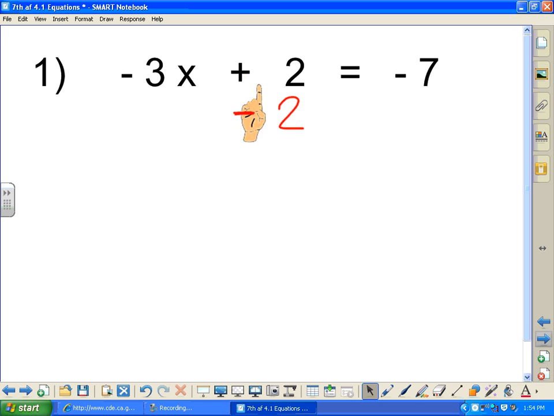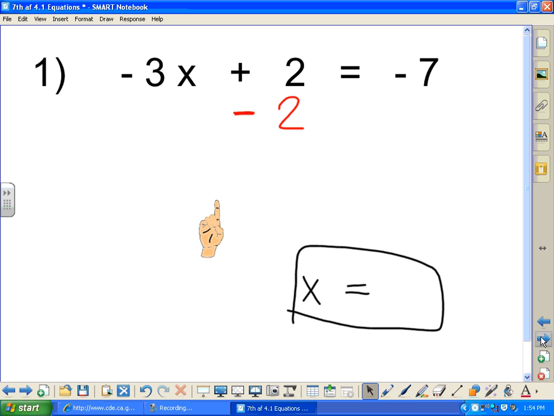We want to be able to cancel this out so that we're left with -3x. And the goal ultimately is to have the variable only on one side. The goal is to get x equals the number, because that's what we want to know. We want to know what that x value is to make this equation true. So we are subtracting 2 to get rid of this here.